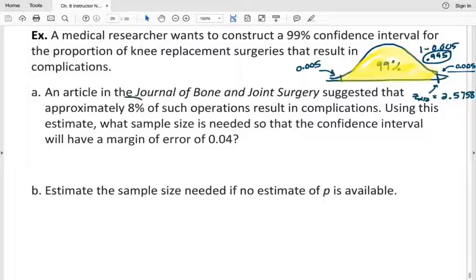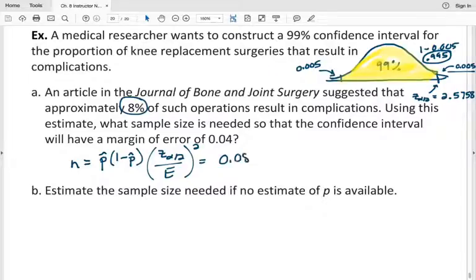Now, if we're assuming that we have an estimate for p hat, then the formula I want to use is n equals p hat times 1 minus p hat, times z sub alpha over 2 over e, squared. Okay, just the formula from the previous slide. And now I'll just plug those values in.